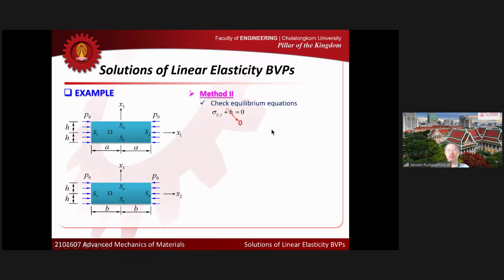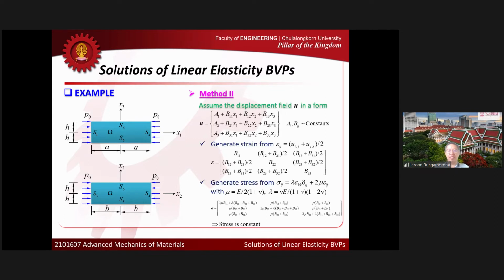If you go back to the stress components that you got before, I mentioned that stress is constant, because strain is constant, so it is independent of x. So you can see that all the entries here are independent of x.